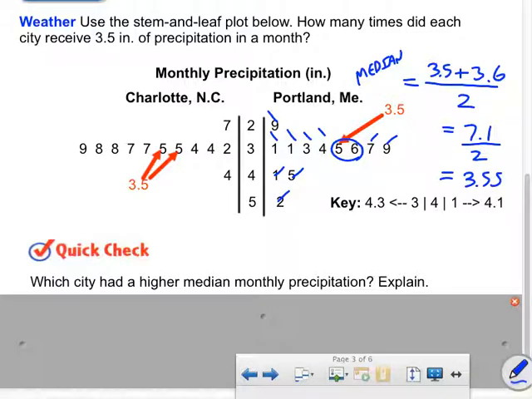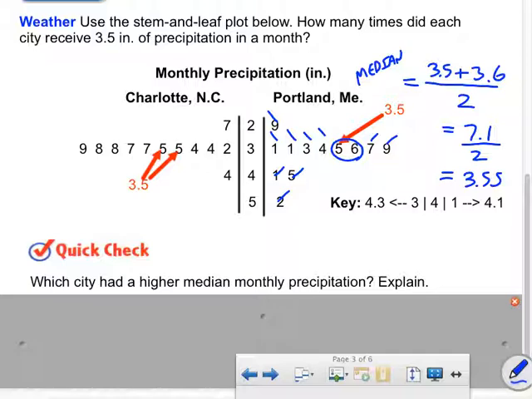Okay, so half of 7 is 3.5, right? But then we have 0.1, and half of 0.1 is 0.05. Got it? That's why I said think about it like money, $7.10, right? What's half of $7? $3.50. And then half of 10 cents is 5 cents. So $3.50 plus the 5 cents, $3.55.